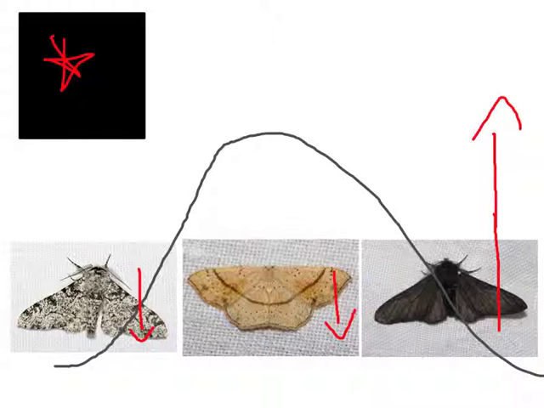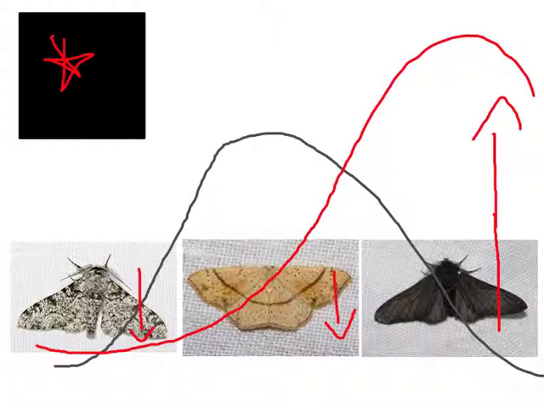So if we draw what happens to the population on a curve, you'll notice that these populations are down, but then the black moths rise in population. So what's happened here is our bell curve has actually shifted over. Remember, this black is the original bell curve, and the red is the new bell curve because our black moth population went up.